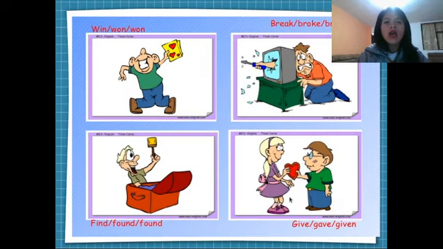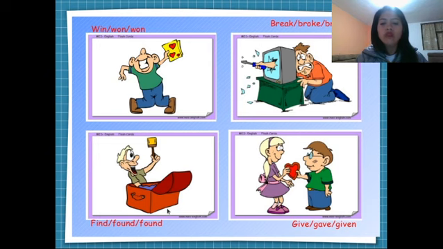Okay? Here we have some irregular verbs like win, won, break, broke, broken. Notice the difference. Algunos verbos irregulares tienen la forma pasada y pasada participio de la misma manera, pero hay otros que cambian. Por ejemplo, tenemos break, broke, broken. Aquí ya cambió: forma base, pasado del verbo break, broke, y el pasado participio broken, right?